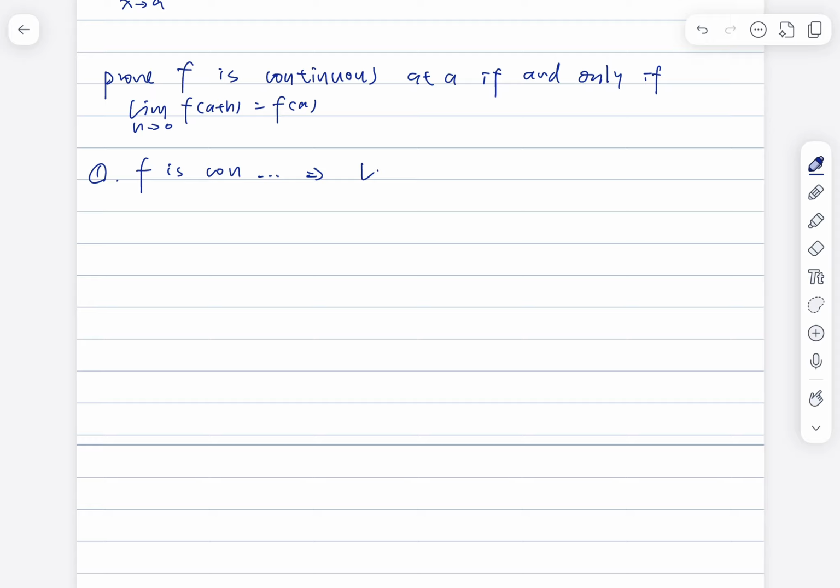Since it's a function, it doesn't matter what's inside, we can change it. Let x be equal to a plus h. Then we have |f(a plus h) minus f(a)| less than epsilon, and |x minus a| is just |h|, less than delta.